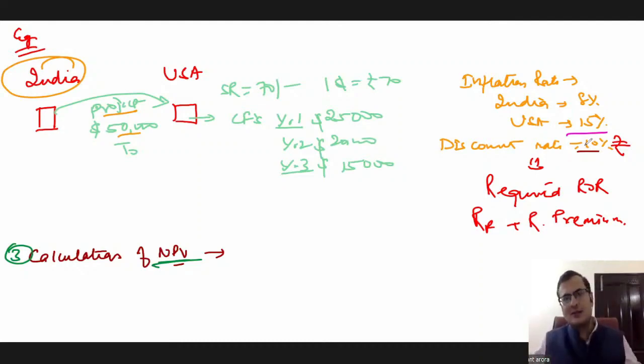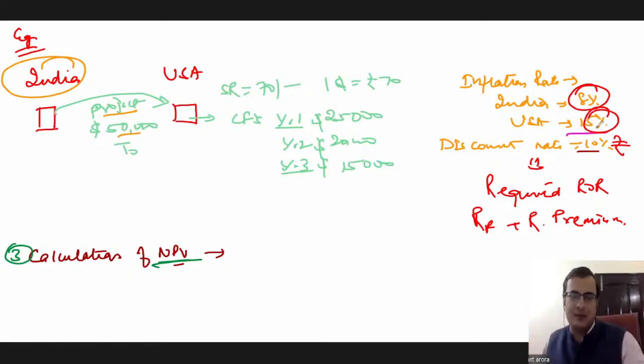Obviously not, sir. Today inflation rate in India is 8%. In the US, it is 15%. So how can we have the same rate of return? It has to match with the inflation. It should incorporate inflation in the required rate.